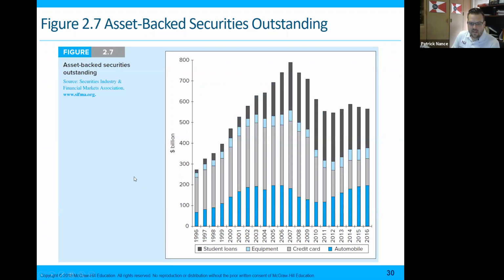Asset-backed securities involve different loans. What we're showing here is that a lot of different types of loans are put into pools for asset-backed securities. Some are secured and collateralized, things like automobiles, mortgages, and equipment. But then there are other elements, riskier ones, things like student loans and credit cards that they don't really have collateral for.